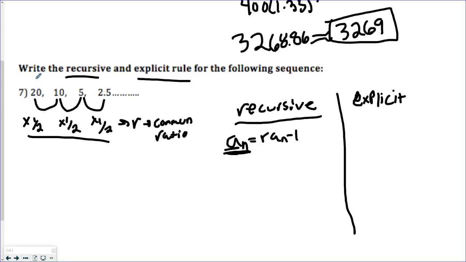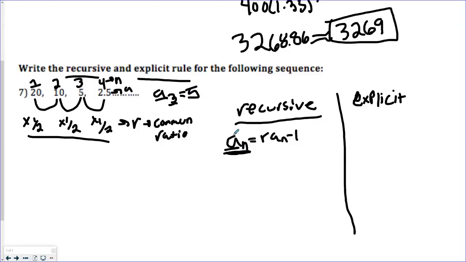So for example, this is my first spot, second spot, third spot, fourth spot. So these 1, 2, 3, 4, these are my n's. And the numbers down here, 20, 10, 5, and 2.5, those are my a. So if I said a sub 3, that would be the number in the third spot. So third spot, number's 5, so this would be 5.